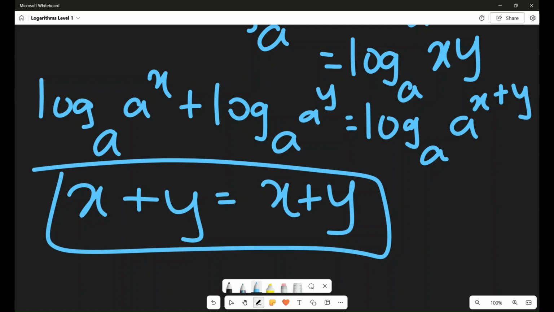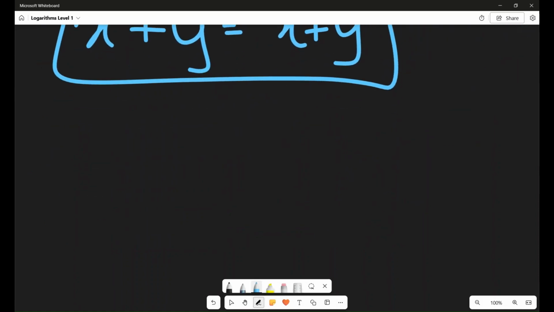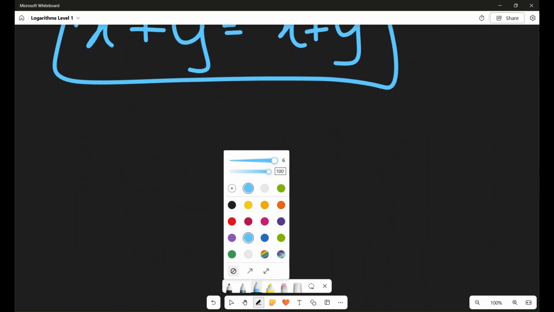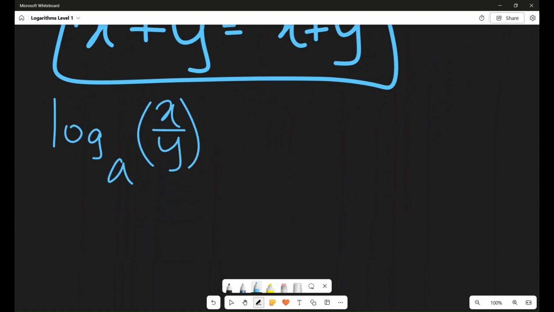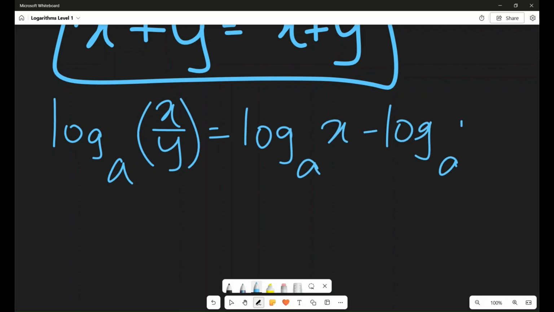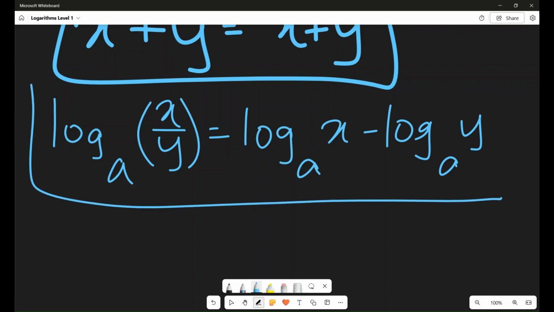And similarly, if we're doing division, it would be the same thing, but instead of adding, we would subtract, right? So I'll write that property down here too. So log base a of x over y equals log base a of x minus log base a of y. That's another property.